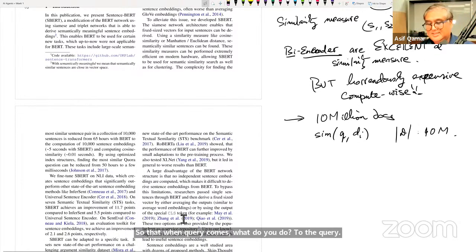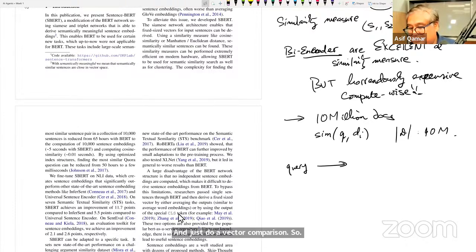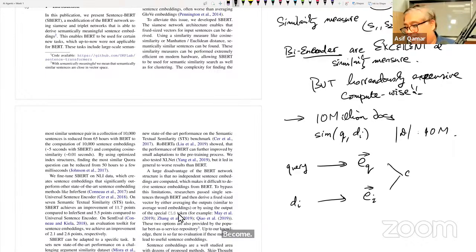So this paper says, take the query, first convert it to a vector, E_Q. Then have all your documents D_i become E_i vectors, right? Compare not documents at runtime, but vectors.